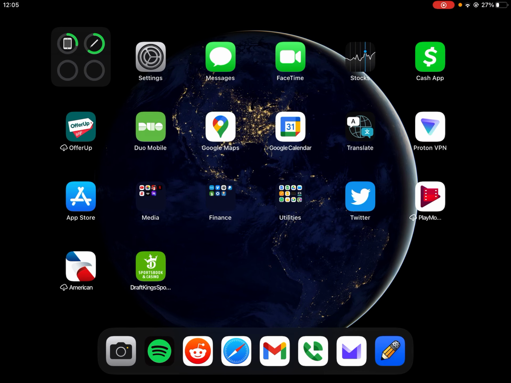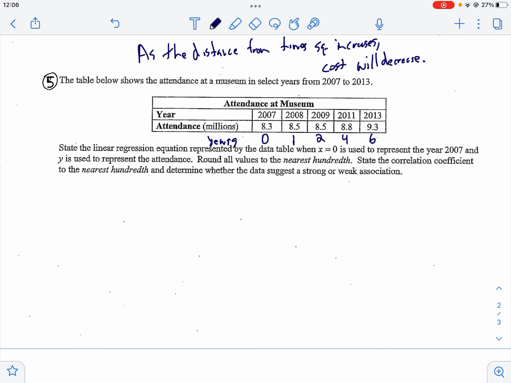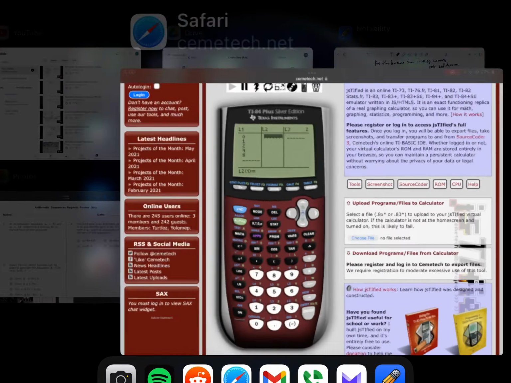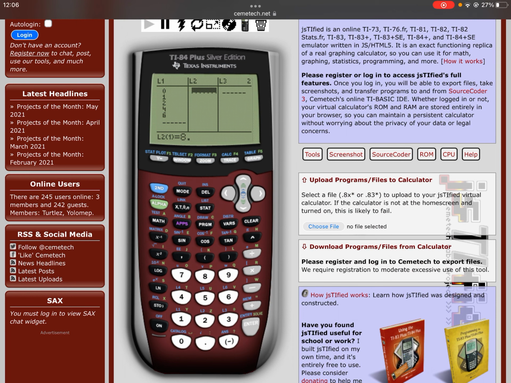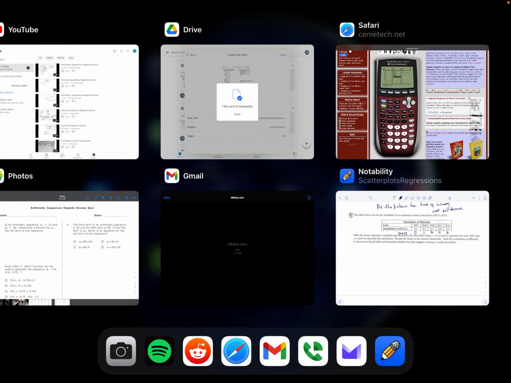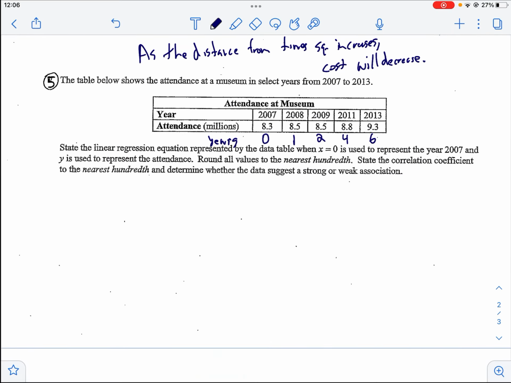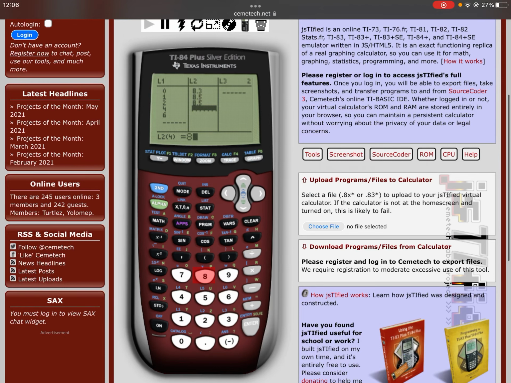For list 2, our data is 8.3, 8.5, 8.5, 8.8, and 9.3.